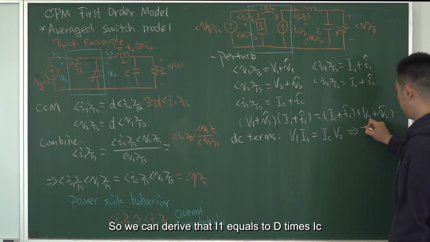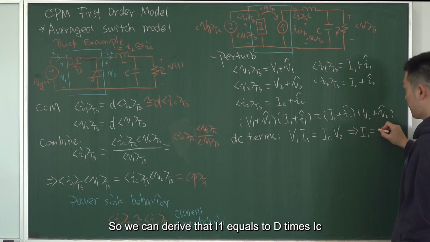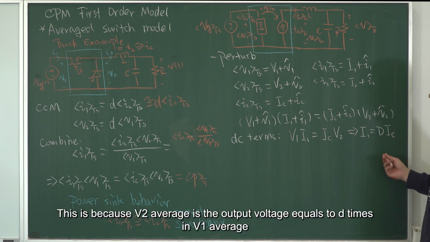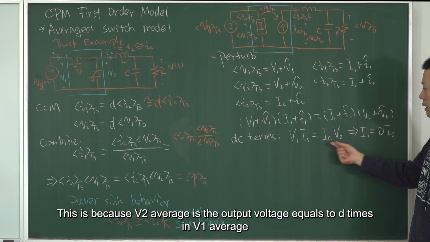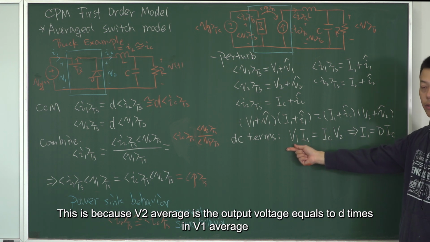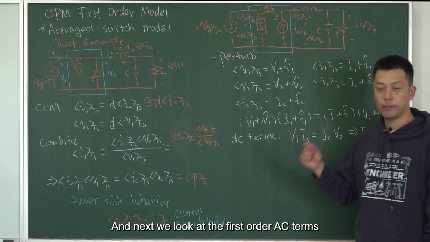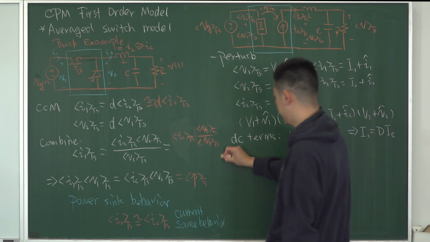We can derive that I1 equals D times IC. This is because V2 average, the output voltage, equals D times V1 average. And next, we look at the first order AC terms.